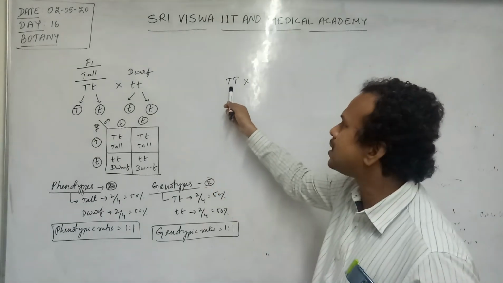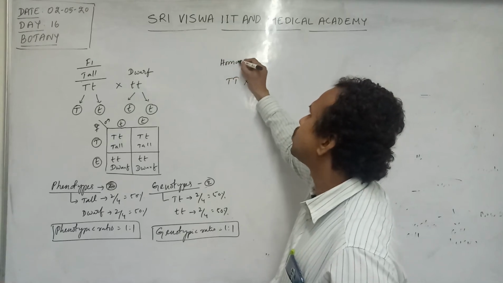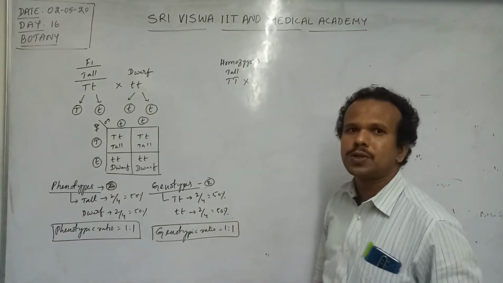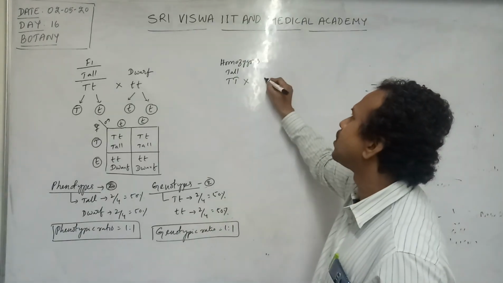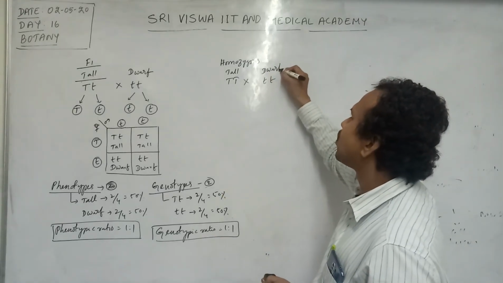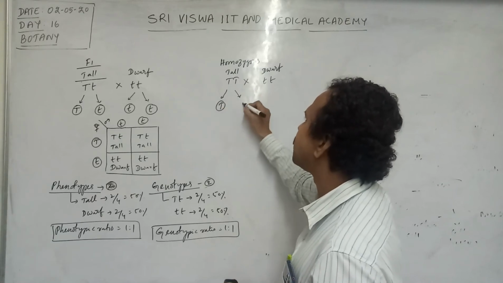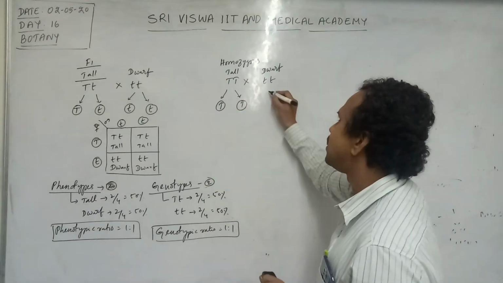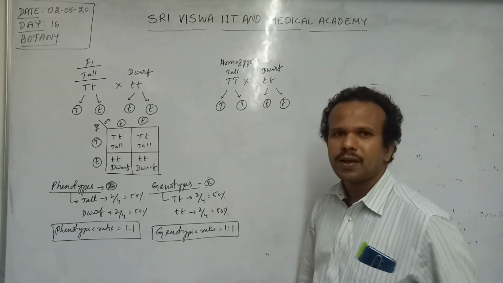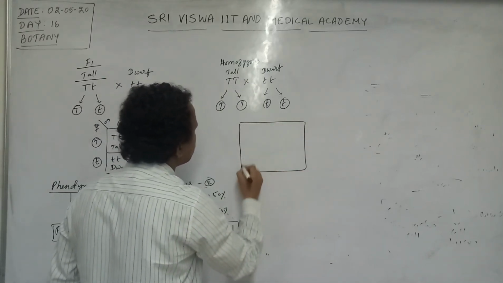If the tall plant of F2 is homozygous tall, whenever it is crossed with recessive parent, dwarf parent or homozygous dwarf parent, it produces how many types of gametes? Only one type. All the gametes are with capital T allele. Here also all the gametes are with small t allele. Then consider the possible combinations by using checkerboard.